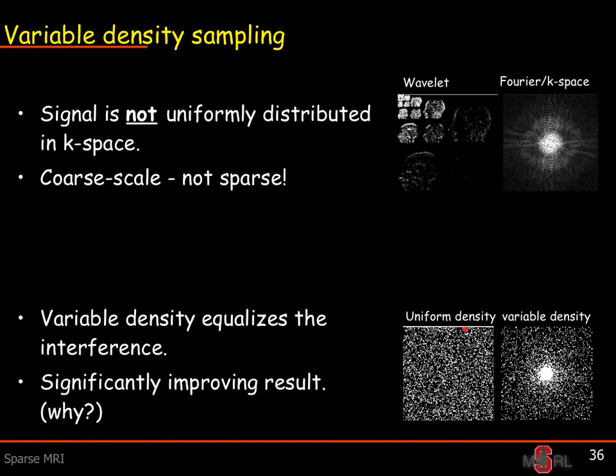Here's a uniform density sampling pattern versus a variable density sampling pattern, where the variable density has a little bit fewer samples in the outskirts of k-space, but is more densely sampled in the middle of k-space. And this can significantly improve the result because you get better interference at all scales.